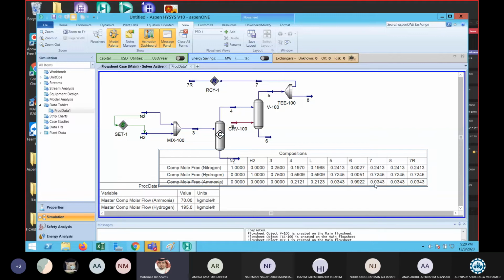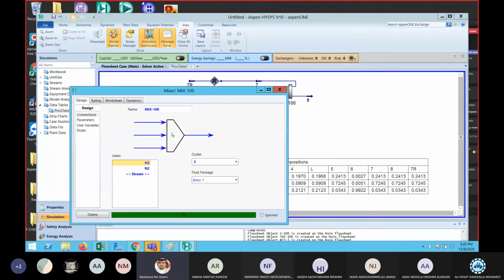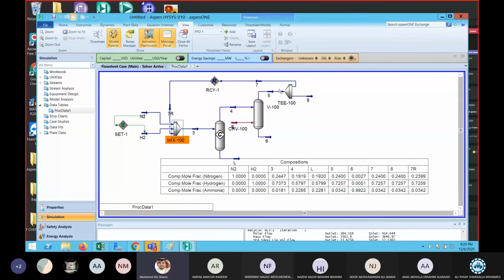Numerically, they are exactly the same. Nothing happened yet. But now I'm going to call 7R. Now I don't know if you notice, something happens. There was an iteration, guys. And look now at 7 and 7R. Can you see, guys?